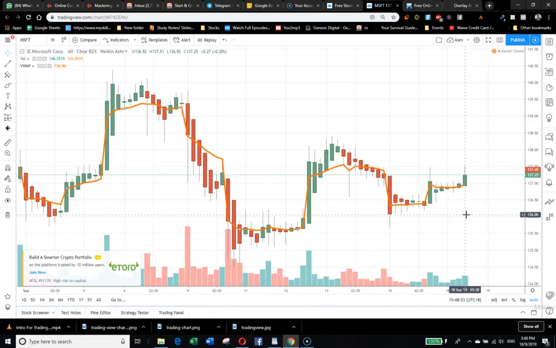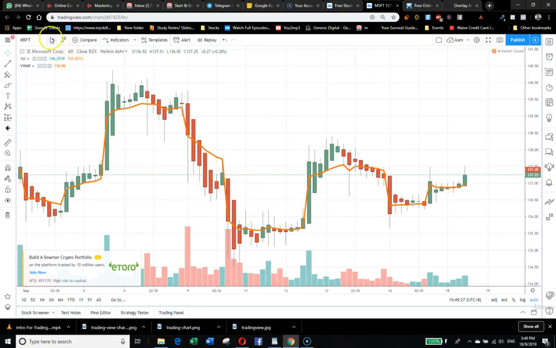So we take an average of the price over a given duration, weighted by the price where the volume is very high, and we create an indicator called volume weighted average price. This makes the indicator very strong, in the sense that it acts as a very strong support or resistance line. That means when the price touches the VWAP, it really acts as support and the price bounces back.